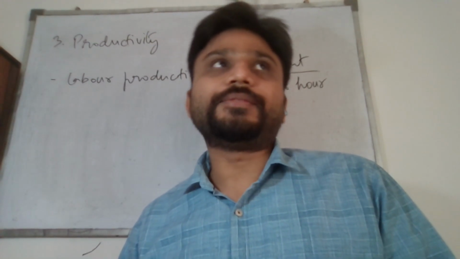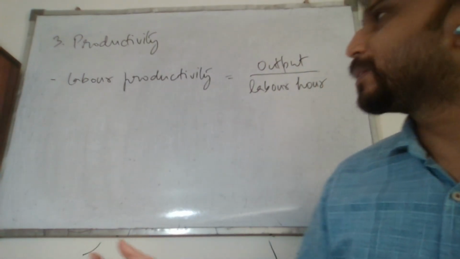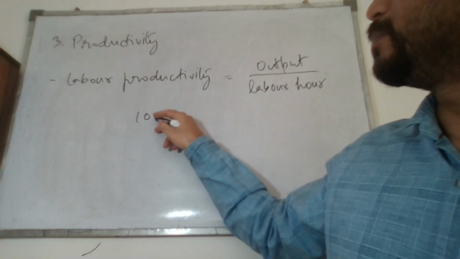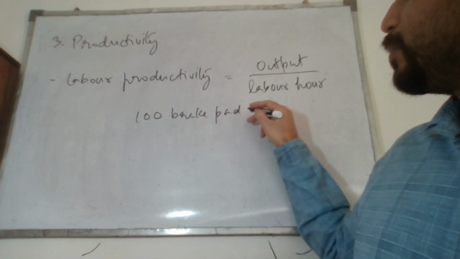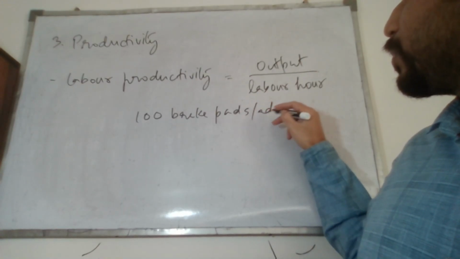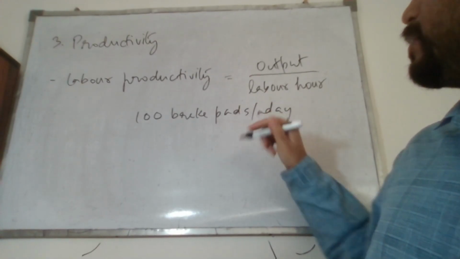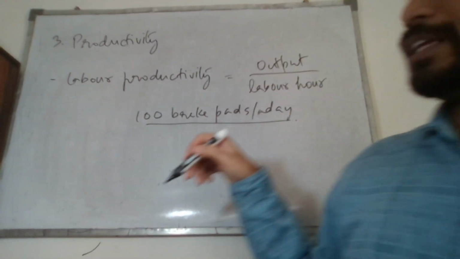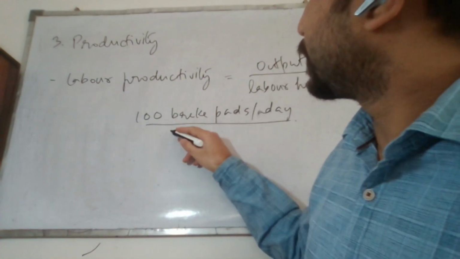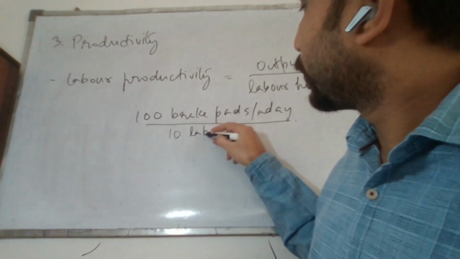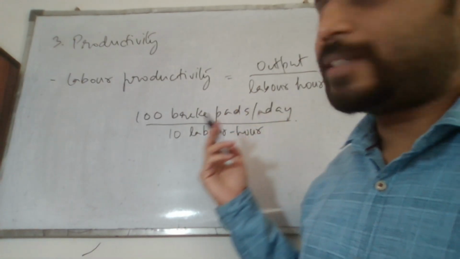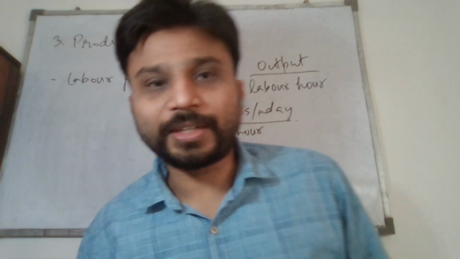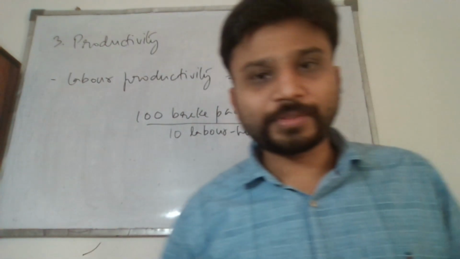For example, let's say I am producing 100 brake pads per day, and the labor hours I'm putting in are 10. Let's say I have a very small factory and I have two laborers working.